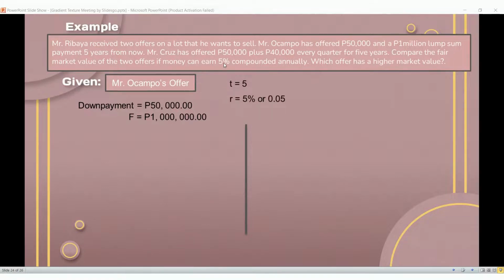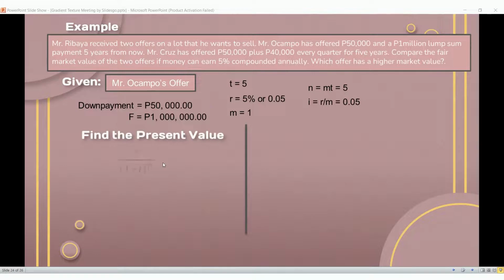The rate is 5% compounded annually. So, for the compounding period, N is equal to M times T, so we have 5. Our i is R over M, so we have 0.05.